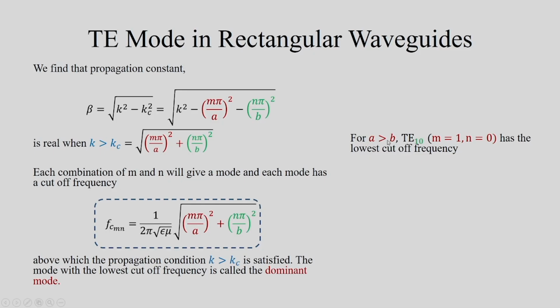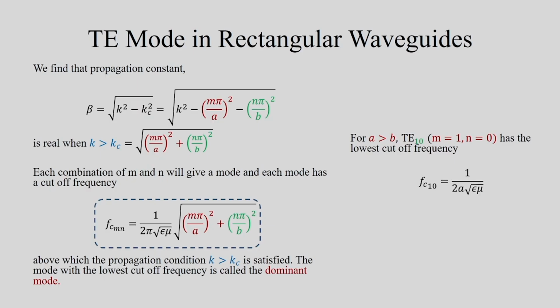Similarly, if b is greater than a, in that case the lowest cutoff frequency will be for m equal to 0, n equal to 1. So, this particular mode TE10 has the lowest cutoff frequency, and we will see that it is the dominant mode for a rectangular waveguide.